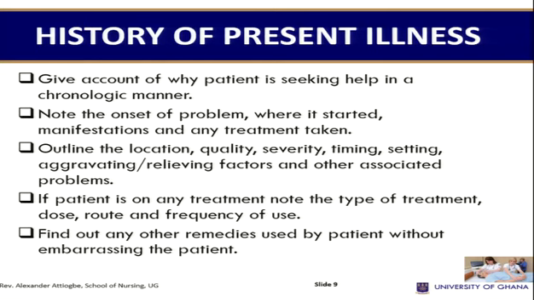Outline the location, quality, severity, timing, setting, aggravating or relieving factors, and other associated problems. If patient is on any treatment, note the type of treatment, dose, route, and frequency of use. Find out any other remedies used by patient without embarrassing the patient.